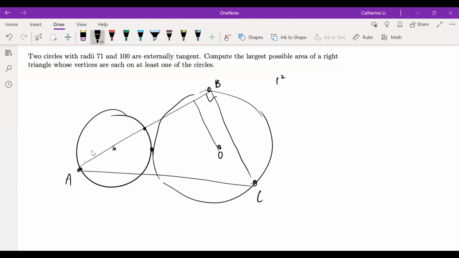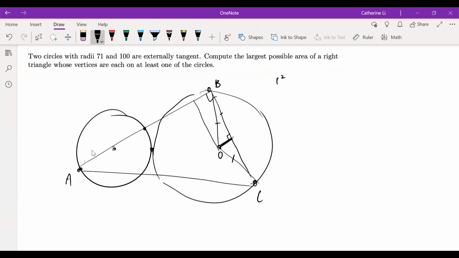And that is because we have these isosceles triangles here. And then also this altitude is perpendicular to BC, and AB is also perpendicular to BC.